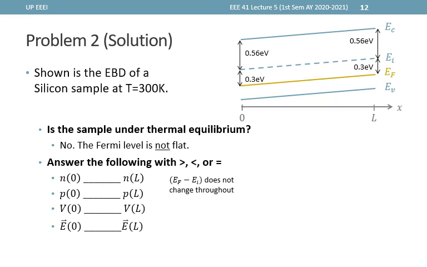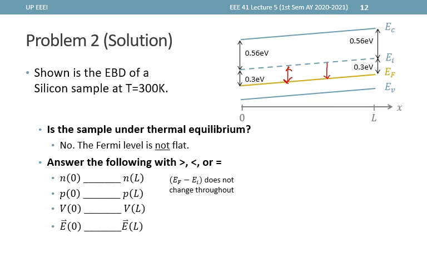For the next question, we have to compare the electron concentration at the left and right ends and the hole concentrations at the left and right ends. But we know that the carrier concentrations must be related to the energy difference between EF and EI. However, in the plot provided, EF minus EI or EI minus EF is constant throughout.